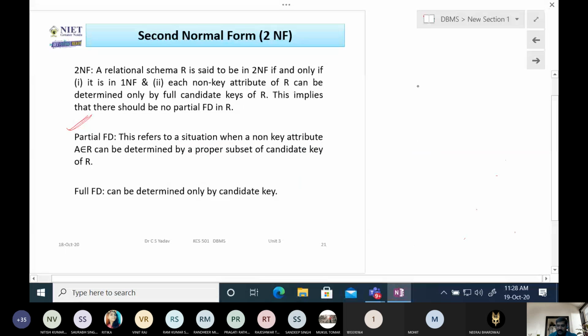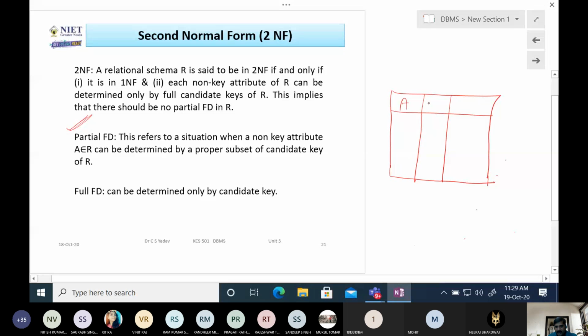Now see what is the meaning of functional dependency. The idea of functional dependency comes from the concept of candidate key. Suppose we have a table.